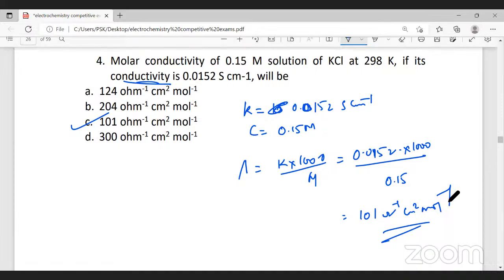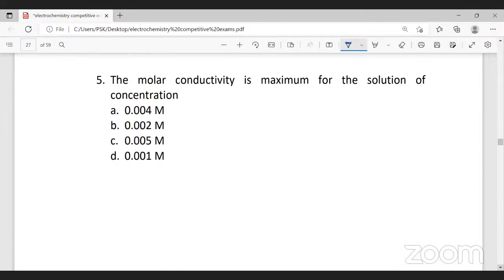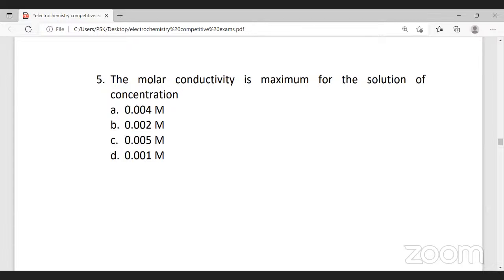The next question, followed with this? Yes, sir. Now tell me the answer for the fifth question. Molar conductance is maximum for the solution of concentration. Tell me the answer. Molar conductance is maximum for the solution of concentration. Option D, 0.005 M, sir.